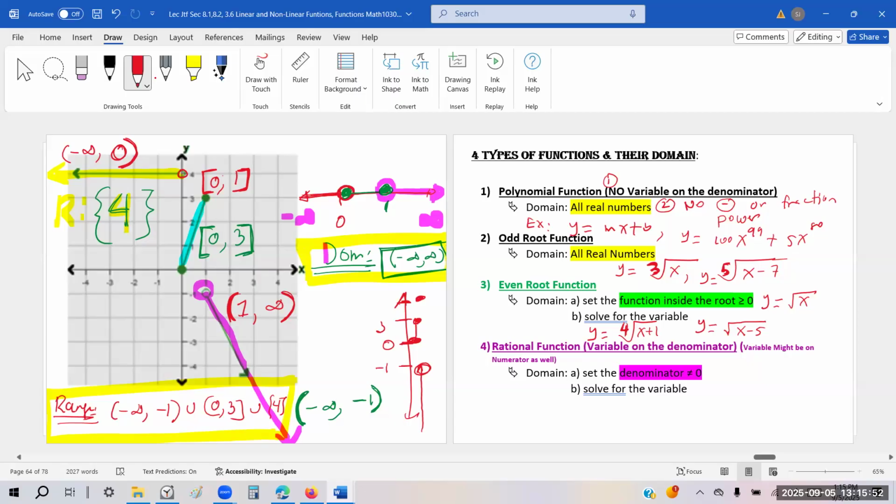What did you do? 2 times 2. So basically you're multiplying the same number twice, and the result will be the inside, right? Fourth root means you're multiplying the same number 4 times and the result will be the inside. So you have to multiply the same thing an even number of times, and the result will be whatever you have inside your function.